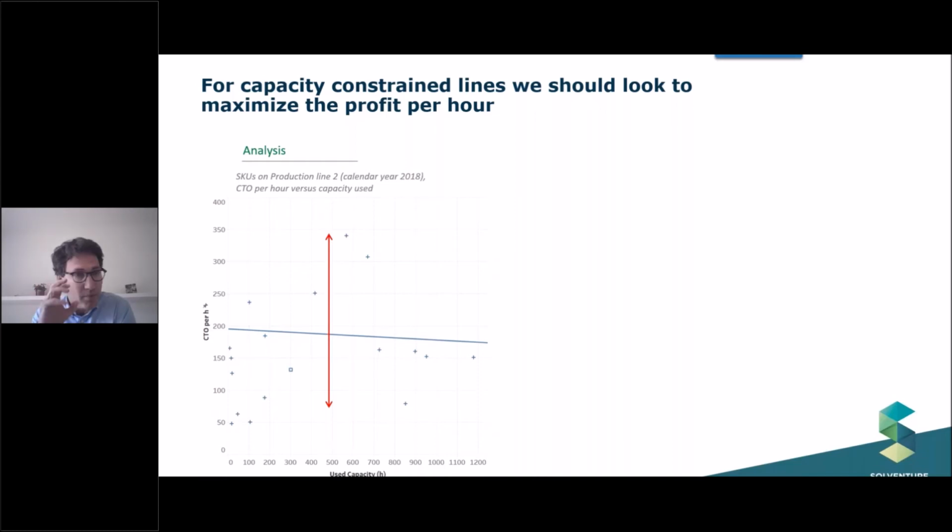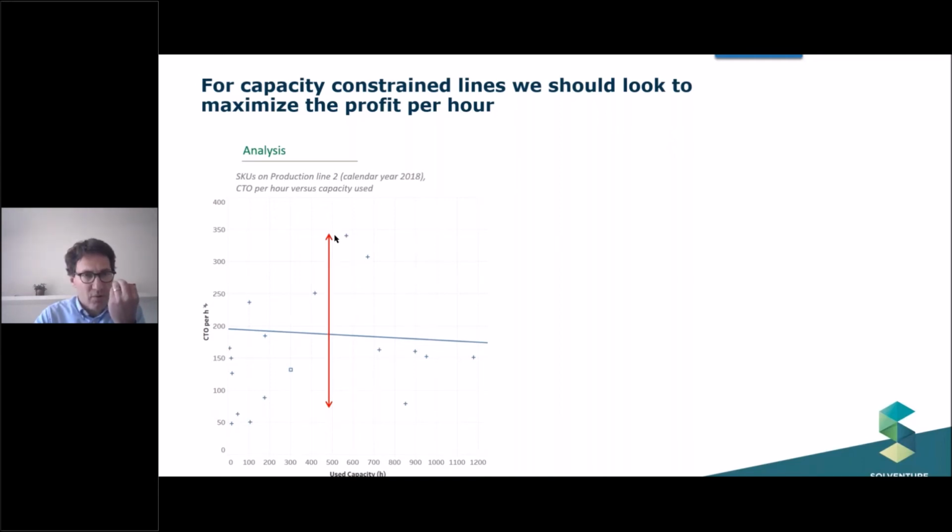Now, in order to help that reflection, we expressed the different SKUs on this graph, where we plot them against how much capacity they require, and then what is their contribution to the margin per hour of used capacity. And of course, you can only sell your capacity once. So what does that mean? If I have 1 hour of capacity, what do I prefer?